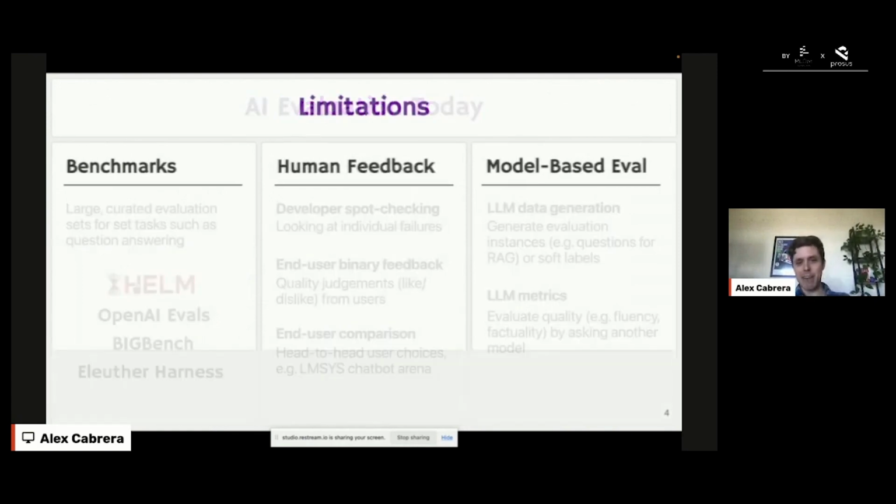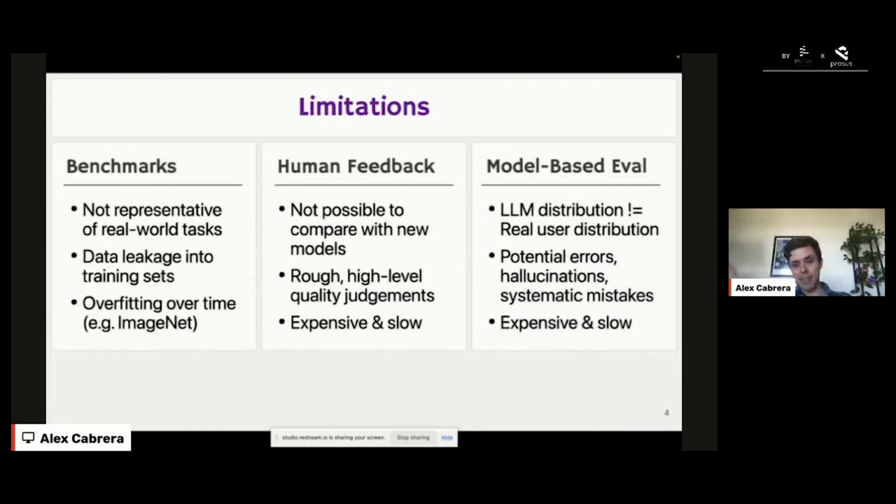I'm not really going to dive into the details, but there are a ton of limitations and issues with these that people are trying to tackle. Classic ones for benchmarks is that they're not representative of real-world tasks. Sometimes there's data leakage, so people will train the models on the actual evaluation sets. This is happening a lot with the OpenLLM leaderboard that Hugging Face has, which has been interesting.